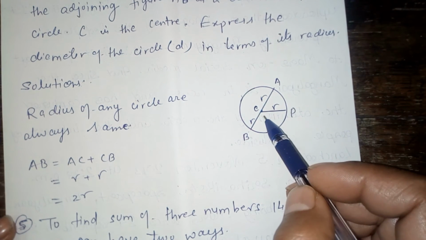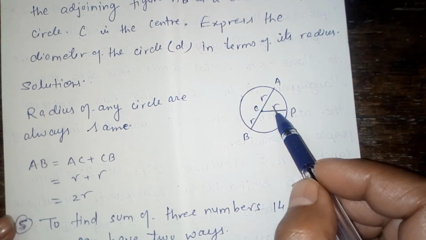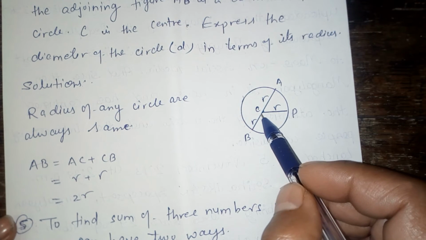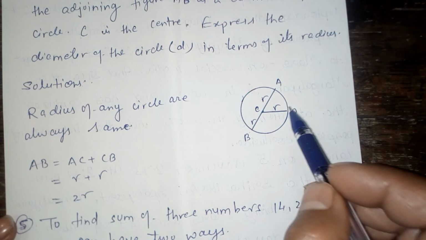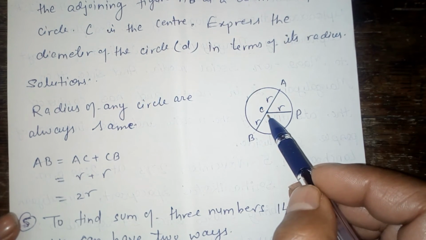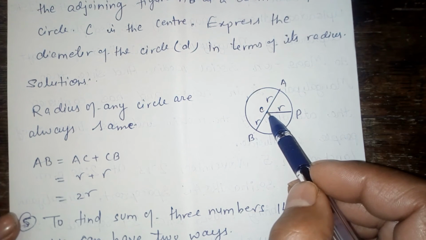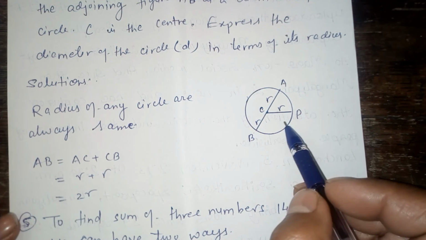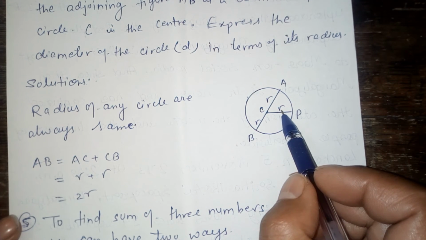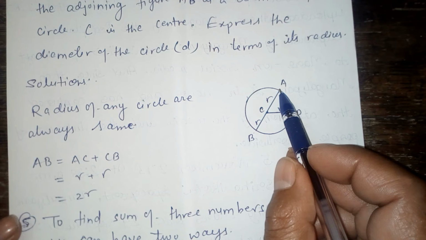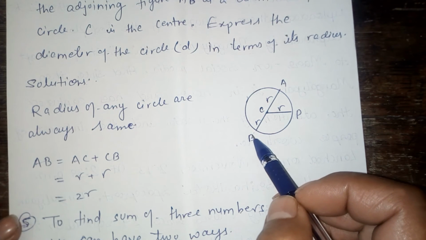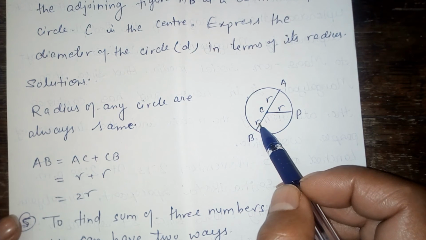You know very well the radii of any circle are always equal. In this question, radius is denoted by R. CP is a radius, denoted by R. CA is a radius, denoted by R. CB is a radius, denoted by R.